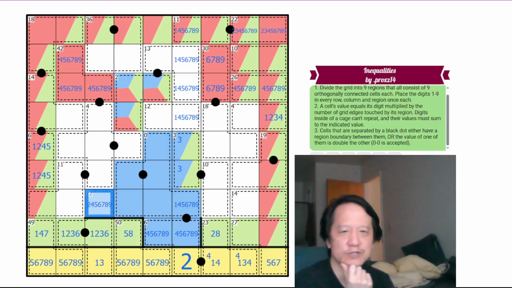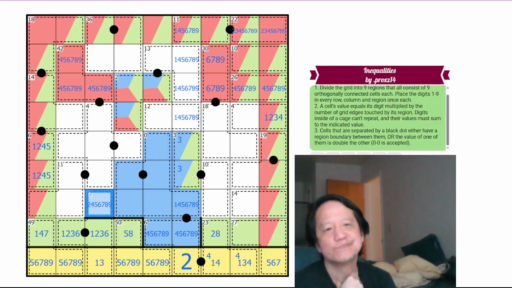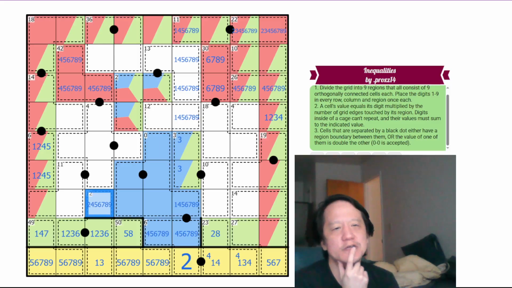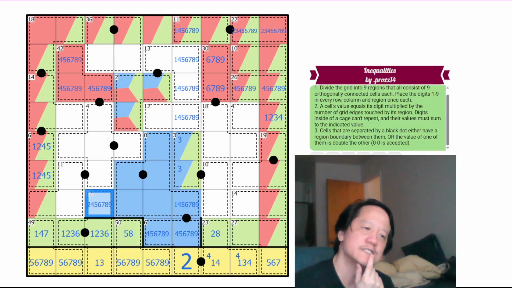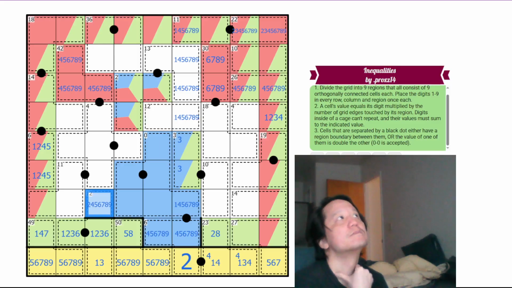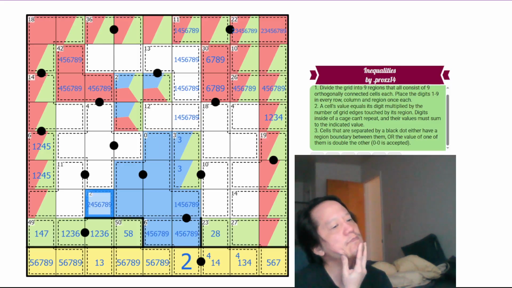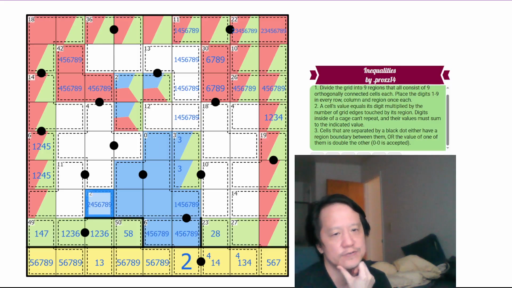I don't know where else to go for the restrictions. 36, 18. At least 2 are doubled there. But that's not that restrictive.